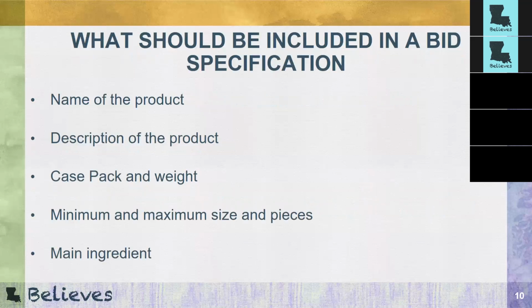So let's look at what should be included in a bid specification. There are multiple things that need to be included. Of course, you should include the name of the product, a description of the product, the case pack and weight, the minimum and maximum size of the product, and the pieces if applicable, and the main ingredient.